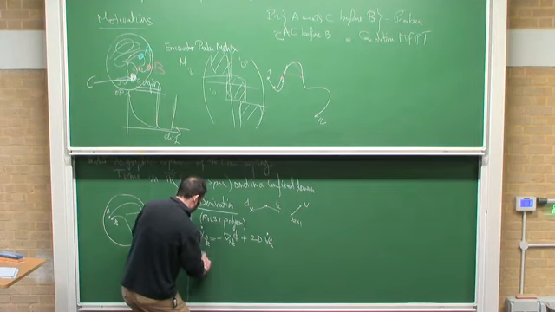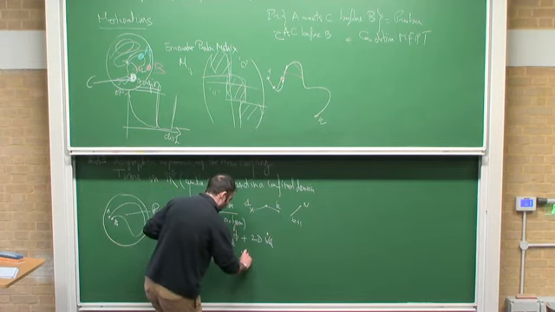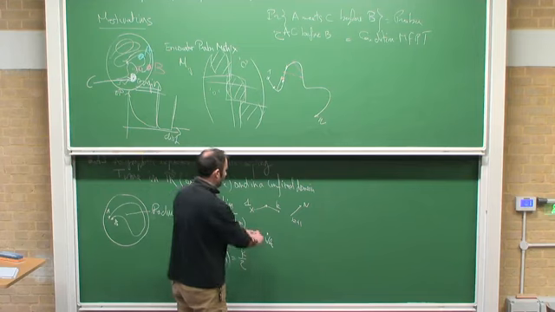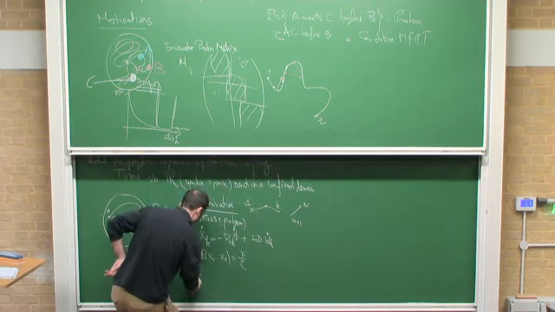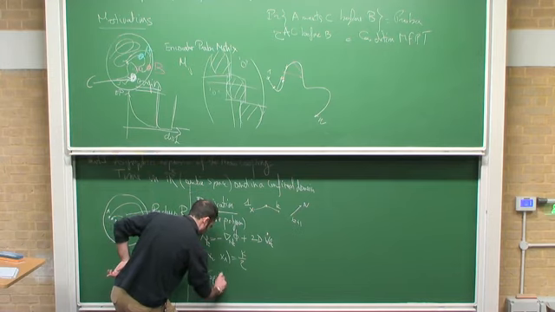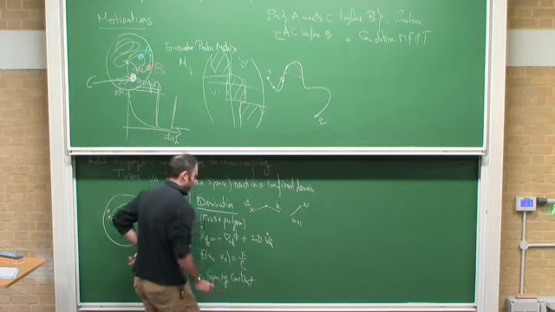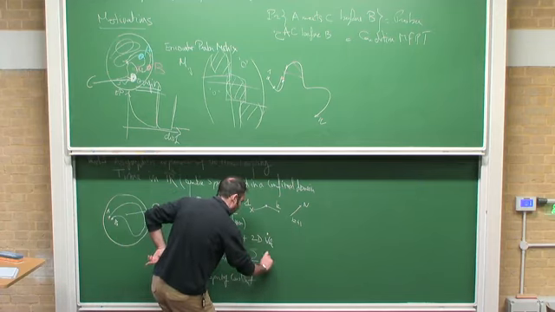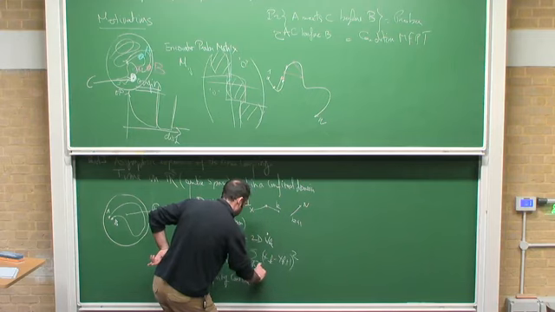The potential phi of x_1, ..., x_N is equal to 1/2 kappa, where kappa is the spring constant, times the sum of (x_k minus x_(k+1)) squared for k equals 0 to N minus 1.